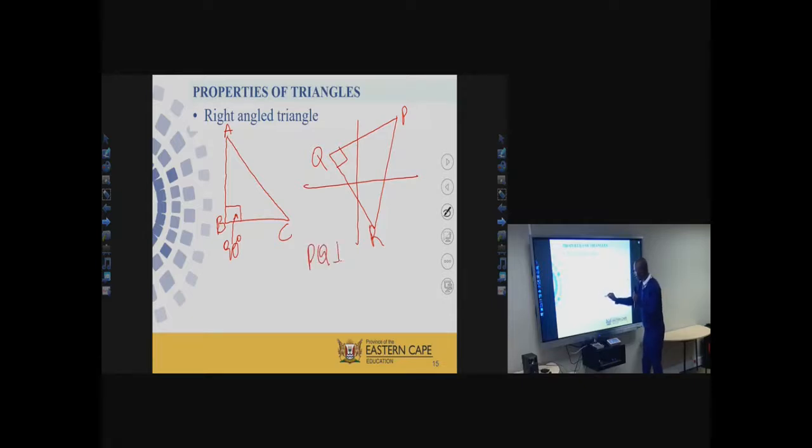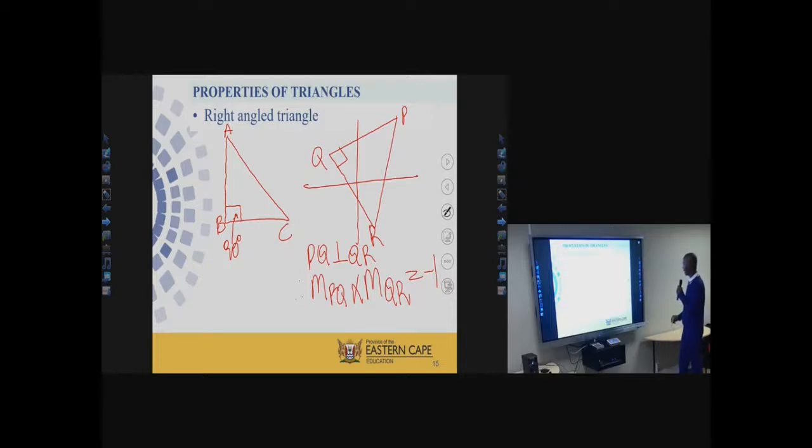PQ is perpendicular to QR. Now, if that is the case, you go back to what we said earlier about perpendicular lines, that therefore, when you multiply the gradient of PQ with the gradient of QR, you must get a negative 1. You must get a negative 1, right?